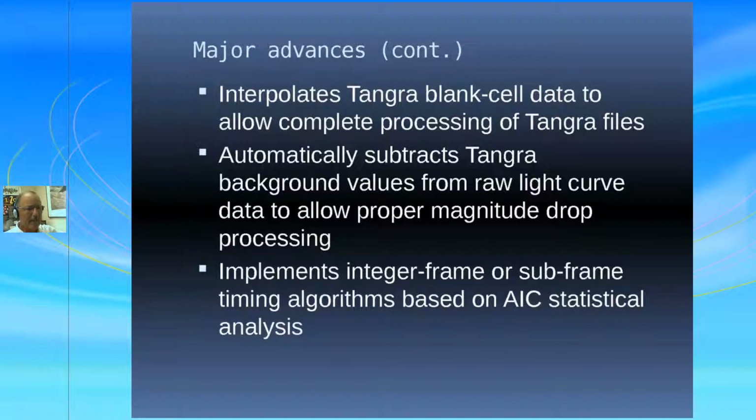Another thing is that Tangra produces a CSV file that has the raw data and then background data, but it doesn't do the subtraction of the background from the raw data that we need to be able to analyze the mag drop. R OTE will do that automatically. And then finally, it implements a new integer frame or subframe timing algorithm that's based on AIC, Akaike Information Criterion statistical analysis, and I'll highlight that. Next slide.